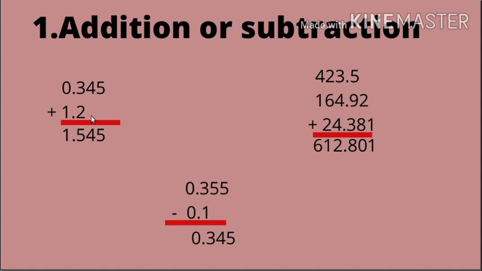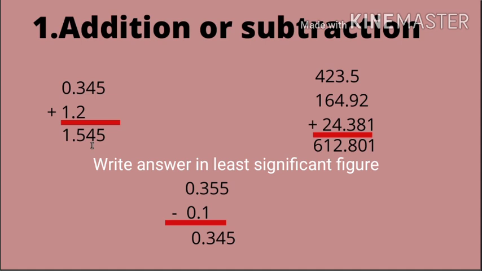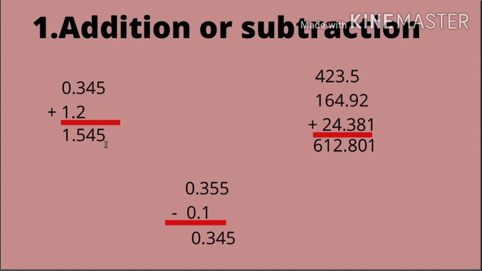So you will write its answer in how many digits? Only 2 significant figures. So for 2 significant figures, you need to round off the value 1.545, and you have to drop these 2 values 5 and 4, so that you can give the desired result. So for this you need to learn rounding off. Understand? So let's move to the round off part.